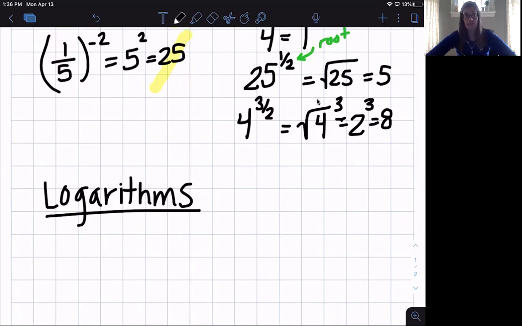That's too many words, it's too much to write. What is the exponent that works? So a log is a fancy way to ask a question about an exponent.